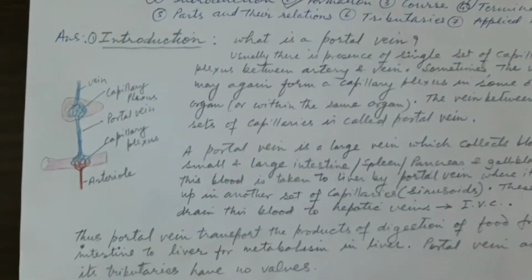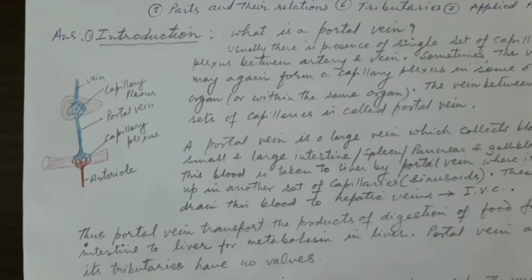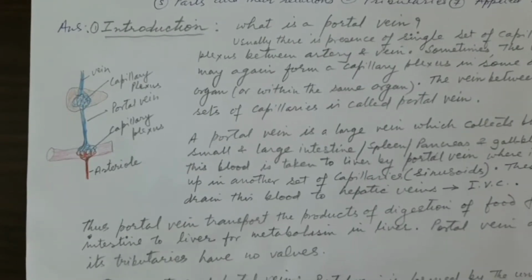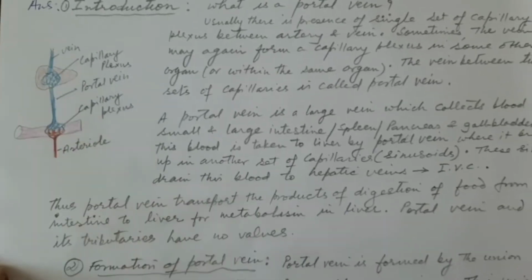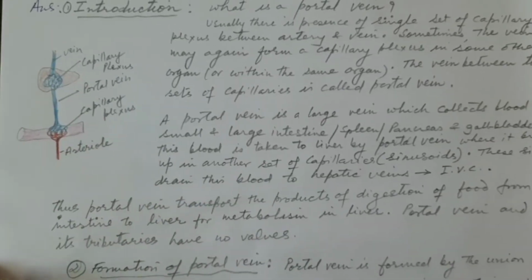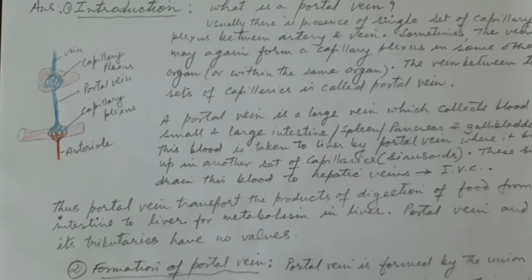Now the portal vein, in the abdominal cavity, is formed by the union of the superior mesenteric vein, which brings the blood from the small intestine and part of the large intestine too.